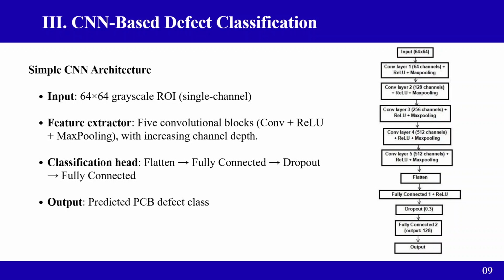The classifier uses two fully connected layers with dropout to predict 6 defect classes. This model is lightweight, so it may miss subtle defect patterns.